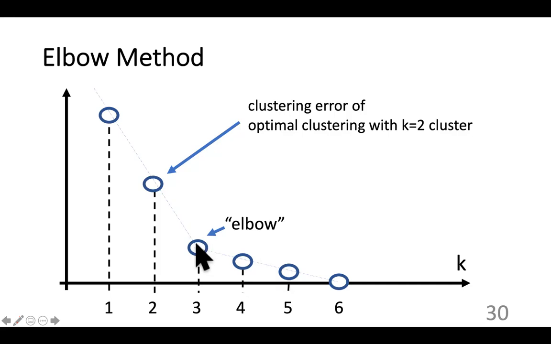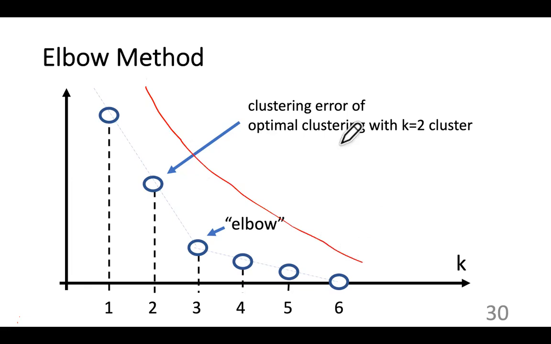So it doesn't really help much using more clusters after this elbow, and it seems reasonable to choose the value after which the decrease in the soft clustering error slows down. However, the problem with this elbow method, which is also a problem of the elbow method for k-means, is that for some data sets you don't have such an elbow. The shape of this curve depends heavily on the data set, and for some data sets it might look like this.